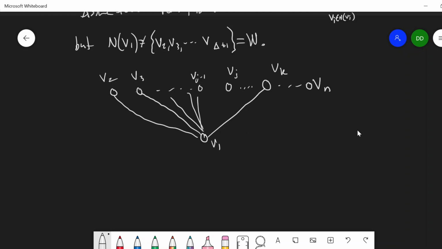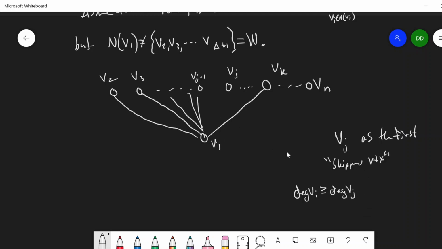That's my Vj. So think of Vj as the first skipped vertex. So I'm going to hone in on Vj, and I'm going to hone in on Vk, the one that it's adjacent to past it. So the idea is, we're just looking at graphs that have this labeling scheme such that the degree of Vi is greater than or equal to the degree of Vj.